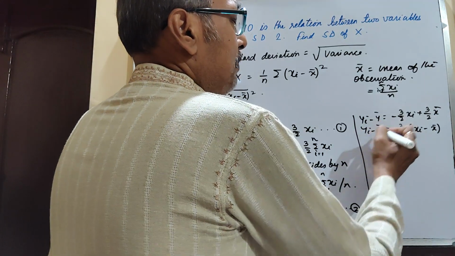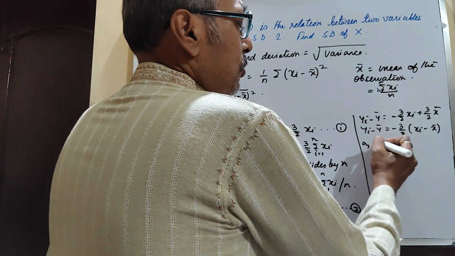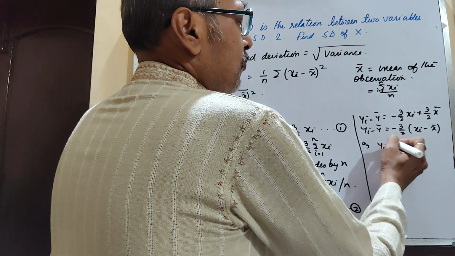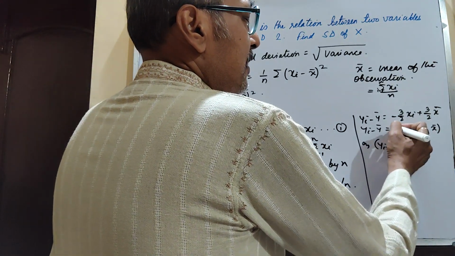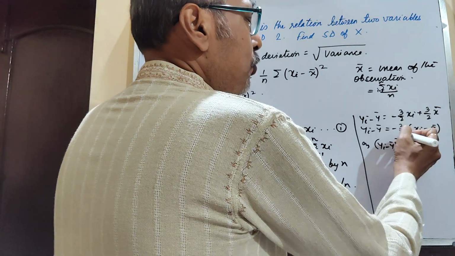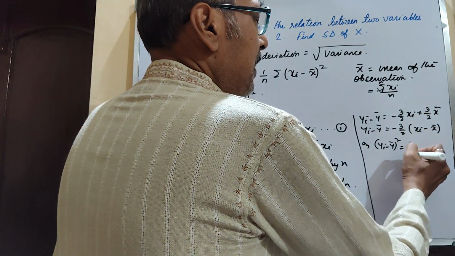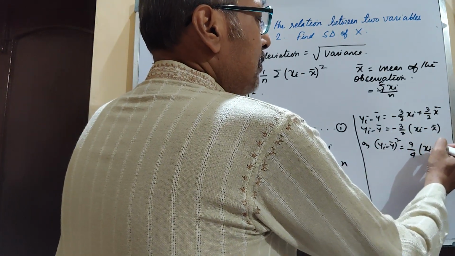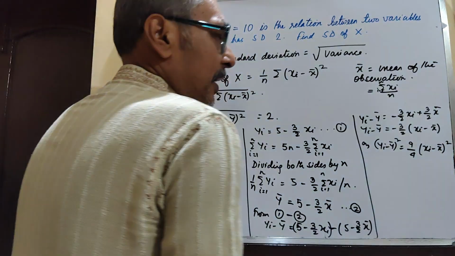We take the whole square of both sides. Therefore, (yi minus y bar) whole square equals 9 by 4 (xi minus x bar) whole square.